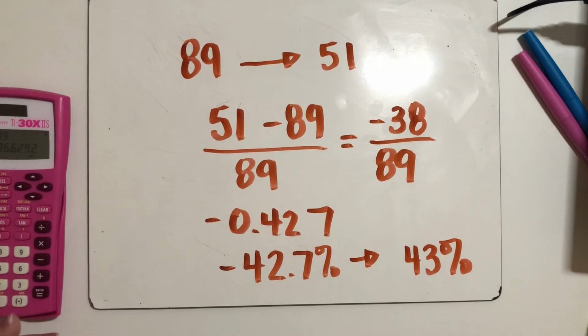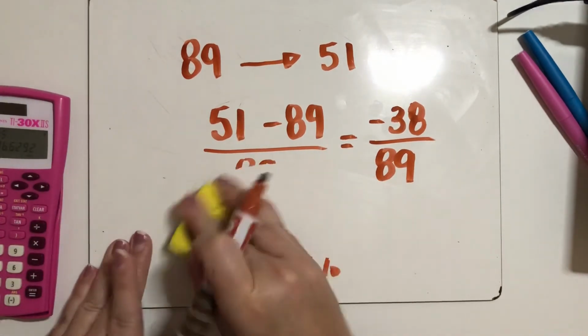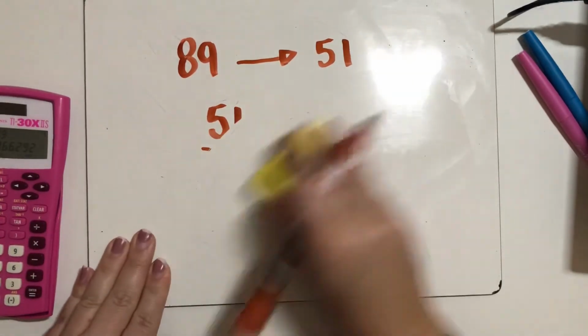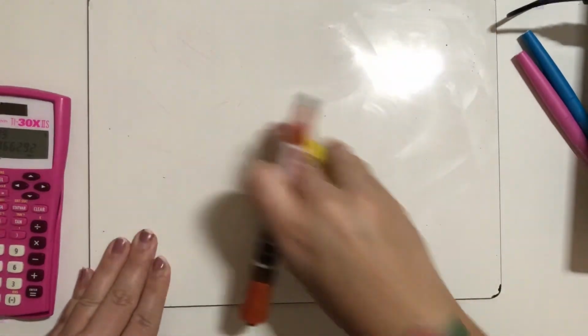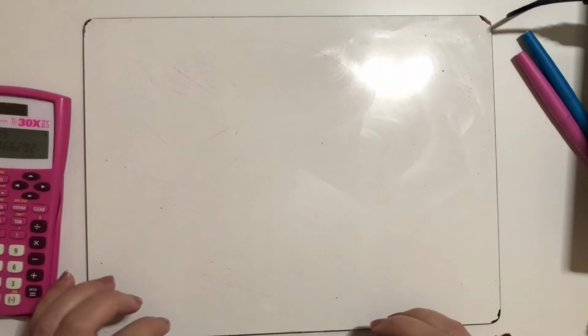Another part that we're going to go over is using percent of change. I'm going to erase this here, and you're going to have to listen closely for the example.